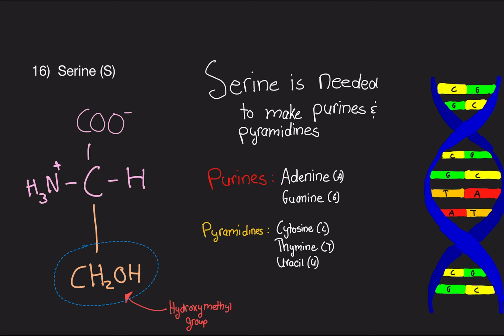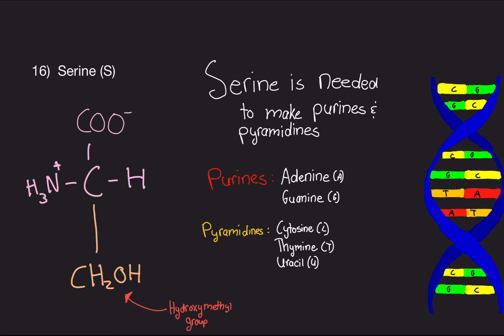Serine is what is needed for your DNA and RNA. How do we make pyrimidines and purines? If you remember from biology or molecular biology, we have purines, which are adenine and guanine, and this is what's part of DNA. The pyrimidines are cytosine, thymine, and, in RNA, uracil.